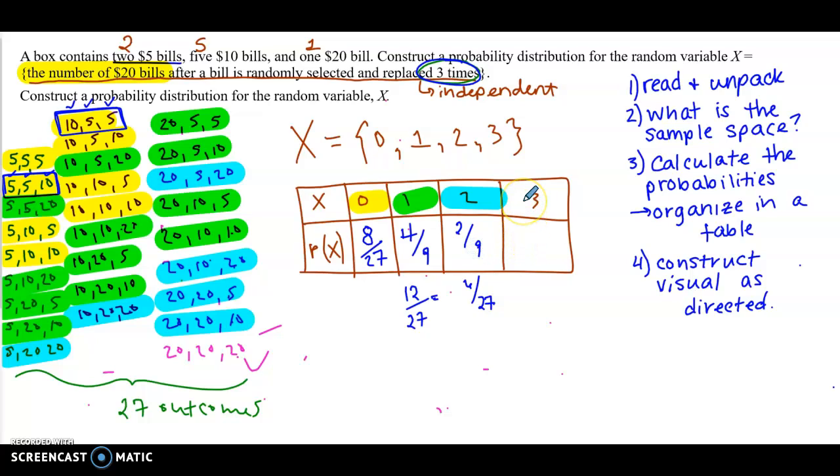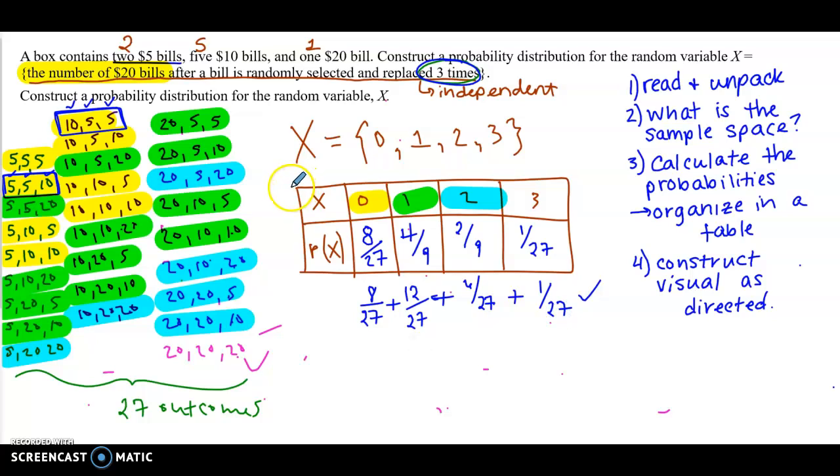And then 3 $20 bills is just 1 out of 27. But I like this because you can count these up, right? So you have 8 out of 27. We want to double check these add up to 100%. So 8 plus 12 is 20, plus 6 is 26, plus 1 is 27. So we just want to make sure they add up to 100%.